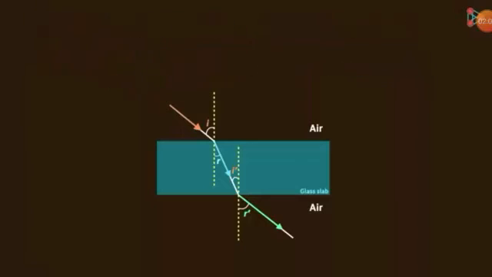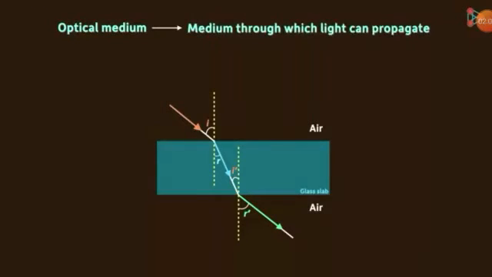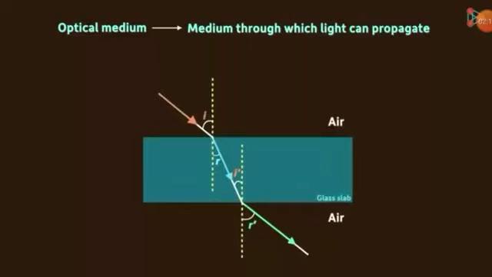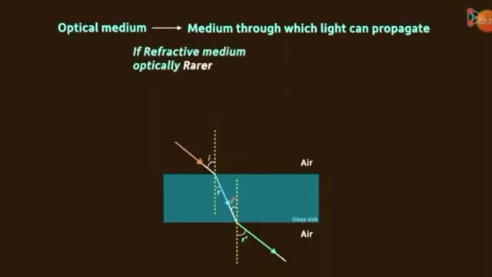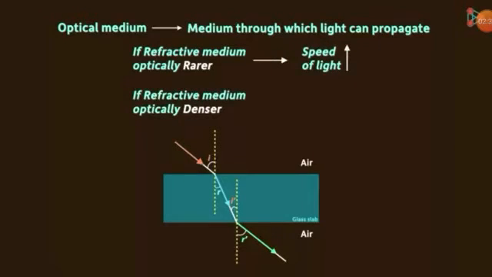What is optically rarer and denser? First we see, optical medium means a medium through which light can propagate. What about rarer and denser? If the refractive medium is optically rarer, the speed of light will increase. If the refractive medium is optically denser, then the speed of light will decrease.